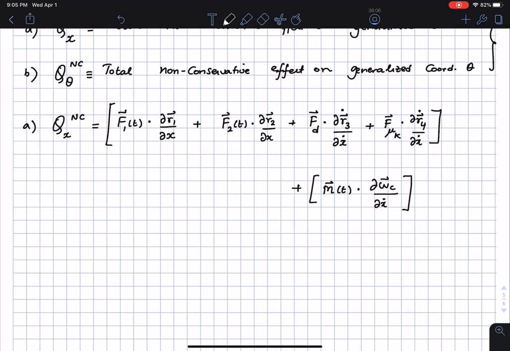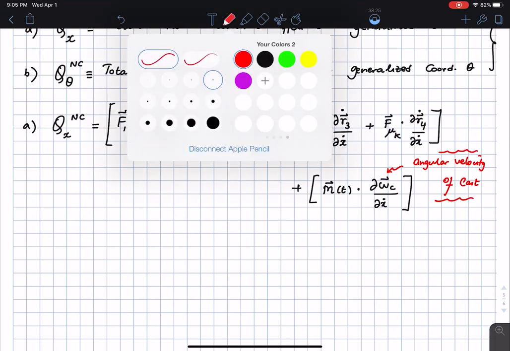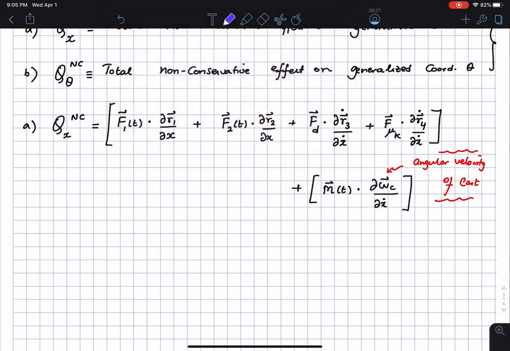Here we say that omega_c is the angular velocity of the cart, which obviously is going to be 0. That's something to keep in mind. And so here you will see that these two terms put together are your velocity independent terms.